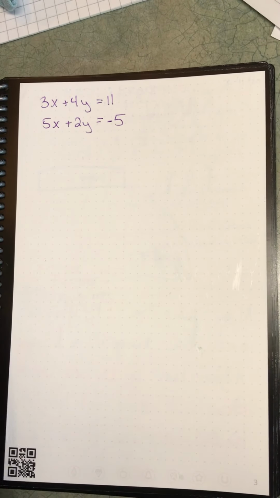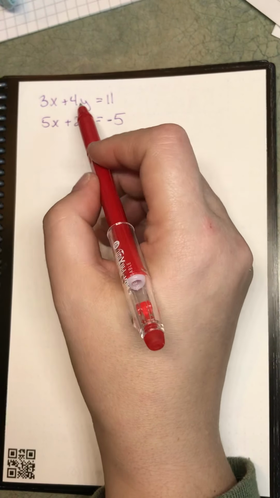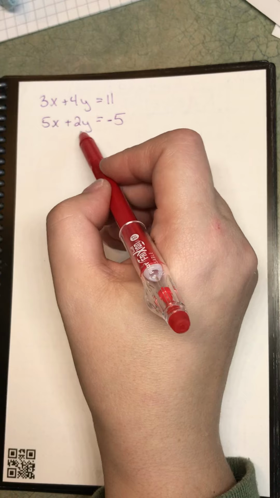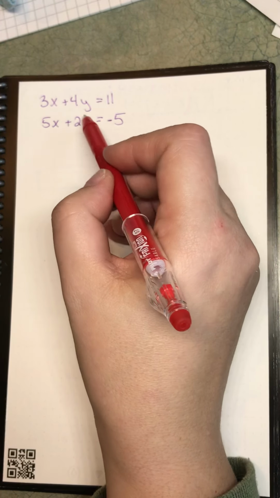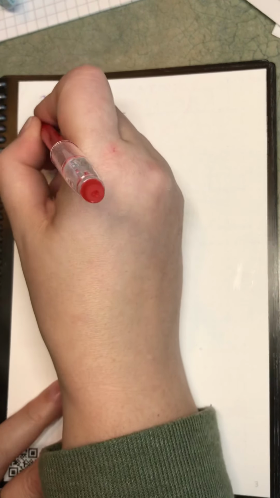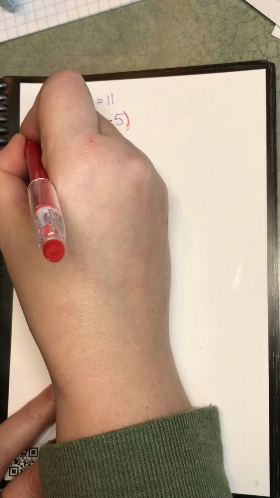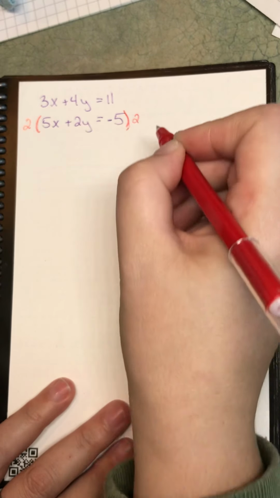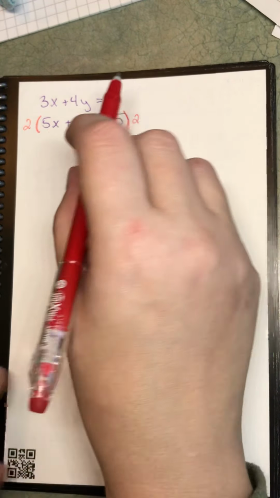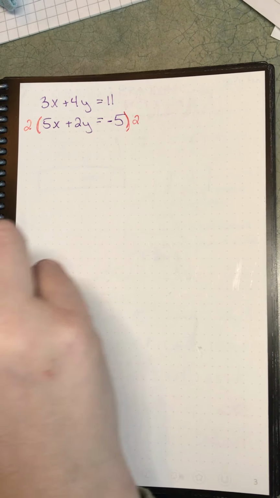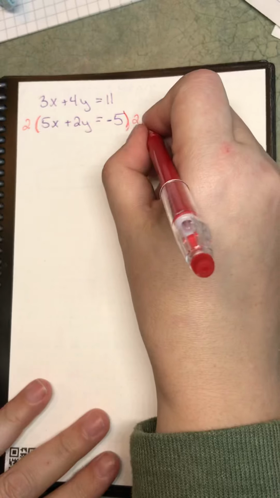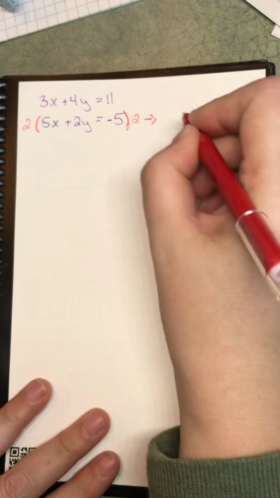So what I'm seeing here is that if I multiply 2y by 2, I will get 4y. So I'm going to multiply this whole second equation by 2, and I'm going to rewrite that new equation over here.